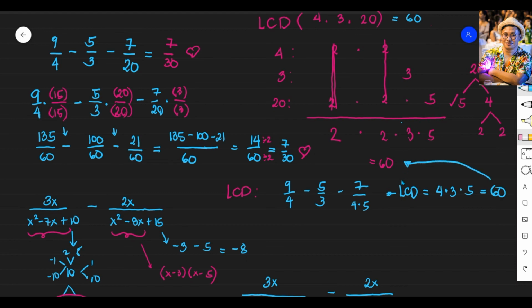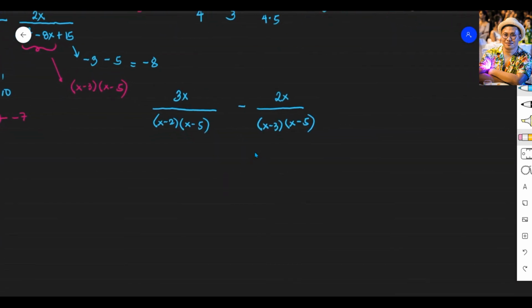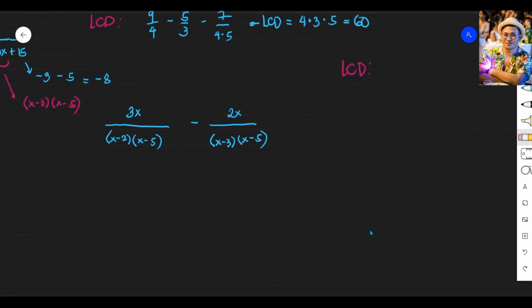The notion of that process will still be applied in these two rational expressions. So first, we're going to look for the LCD. Oh, sorry, that's automatic because of the automation in my blackboard. So LCD. How to find the LCD of these two expressions? Same thing. Look at which factor repeats. The repeated factor is x minus 5, right?